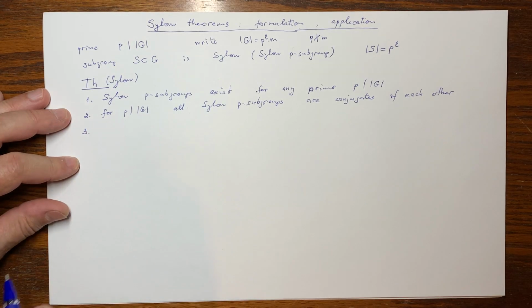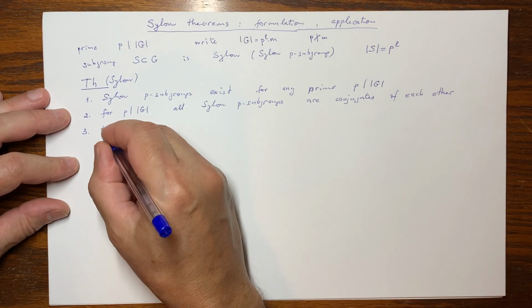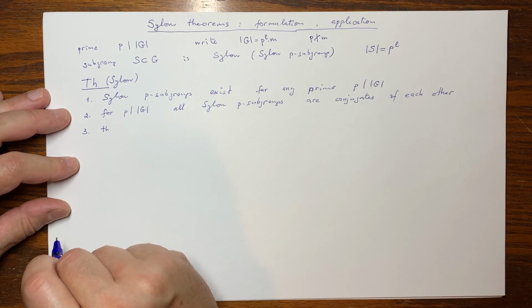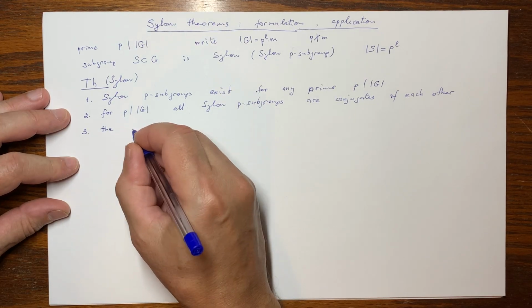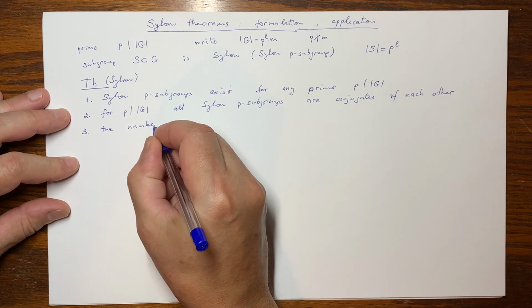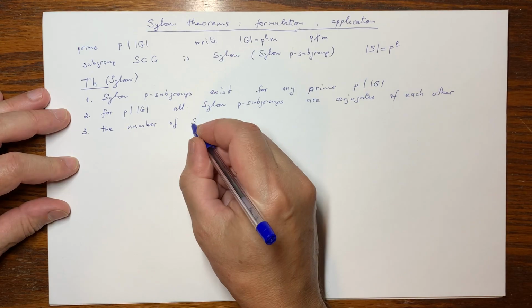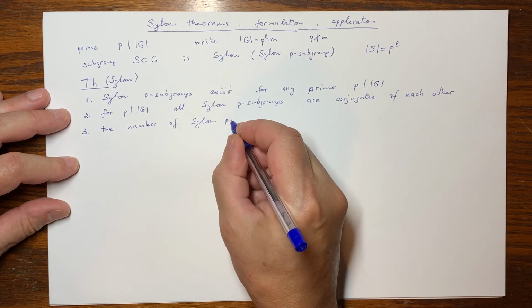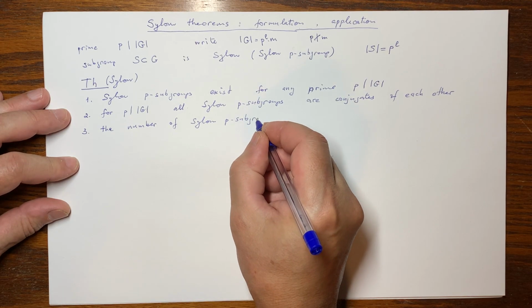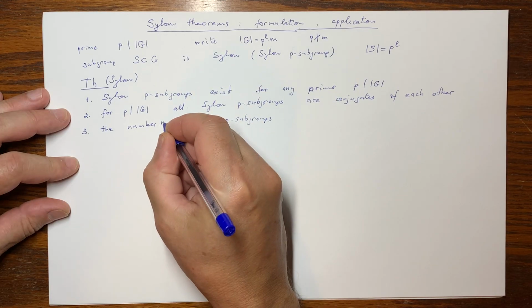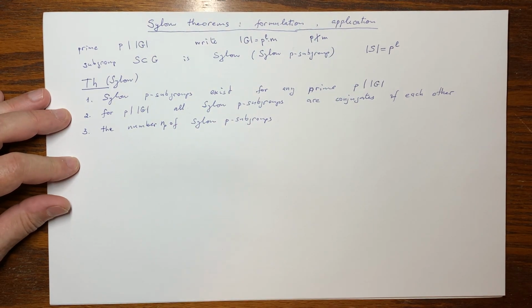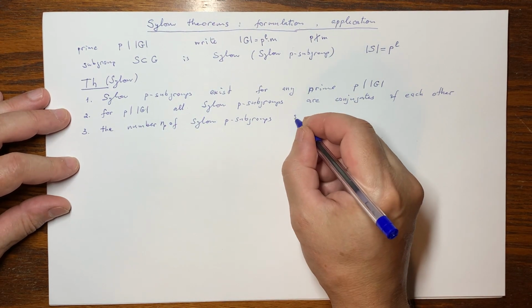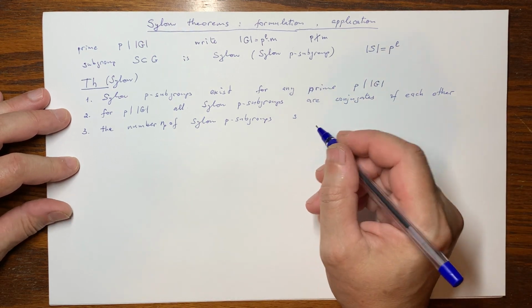And the third says that if we count how many Sylow p subgroups for a given prime p we have, so the number of Sylow p subgroups, let's call this number n sub p, satisfies a certain number theoretic condition.